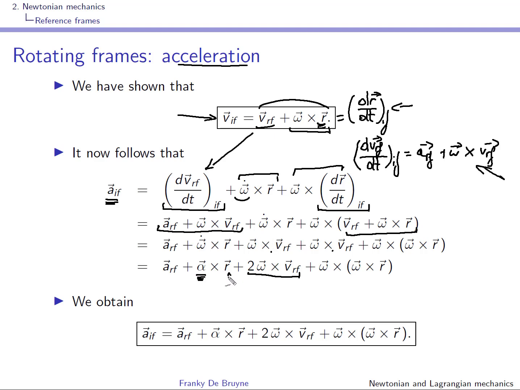But this thing here is exactly what you see over here, and this one cross this thing will give you this term with a triple cross product. And of course you have the acceleration in the rotating frame. So we now obtain this equation, which expresses the acceleration in the inertial frame as the acceleration in the rotating frame plus 3 extra terms appearing over here.